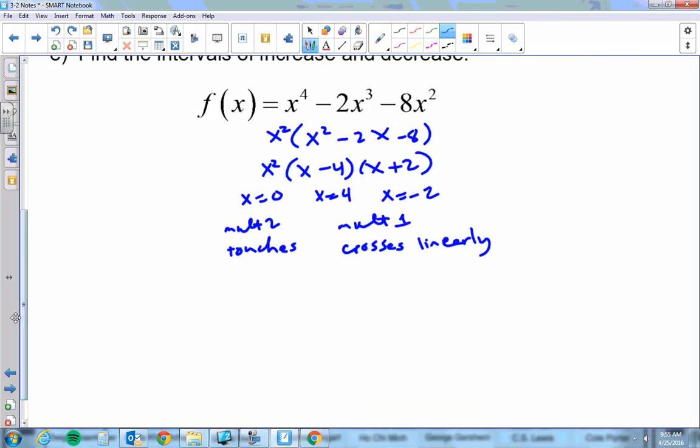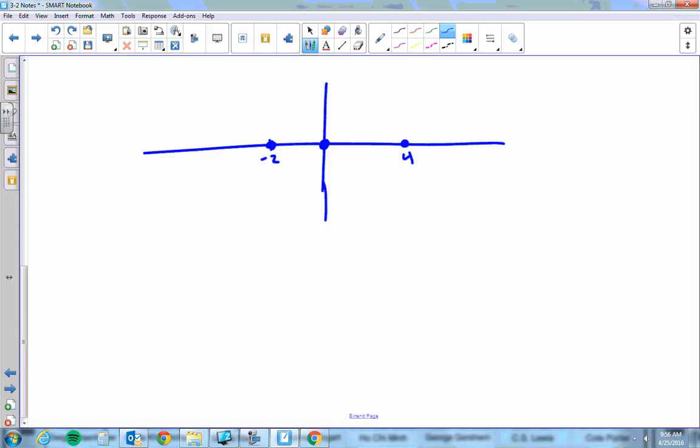So anyway, here, let's start creating our sketch. Where were the zeros? Oh, here they are. 0. Don't forget to put an x-intercept at the origin in this case. And then negative 2. And positive 4. And then the turning points, there's one at negative 1.4 comma negative 6.4.